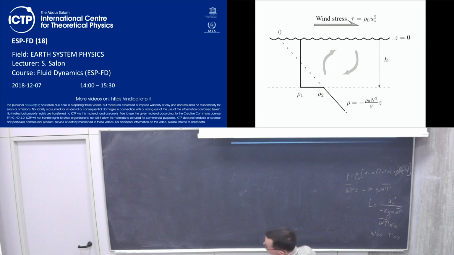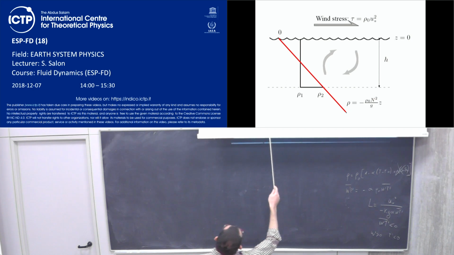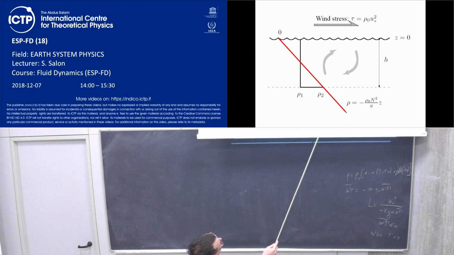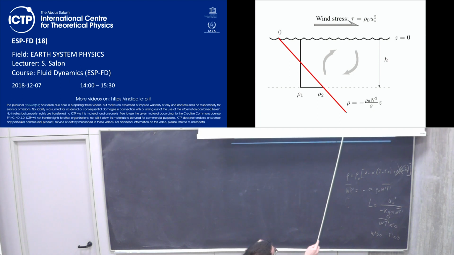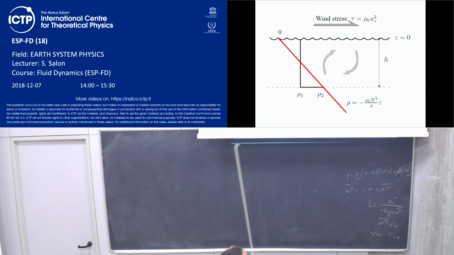So this system will have at the beginning, at t equal to 0, a density value which is expressed like this, so linearly increasing in z.